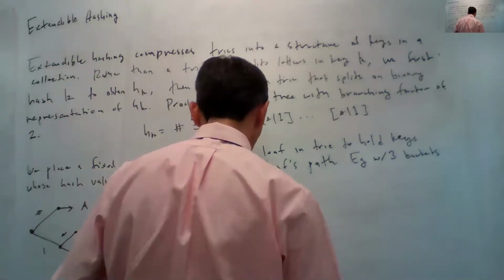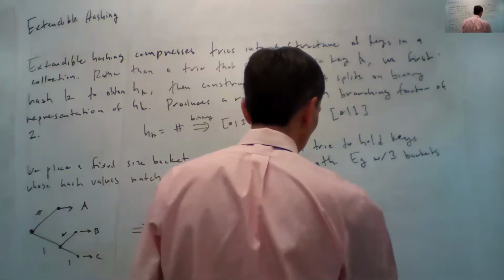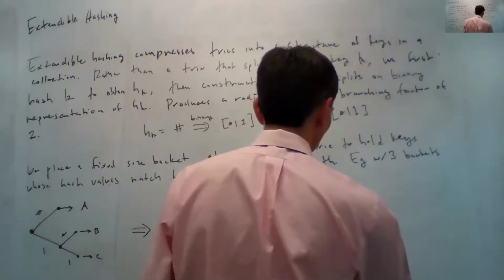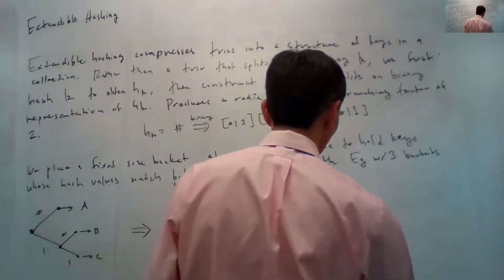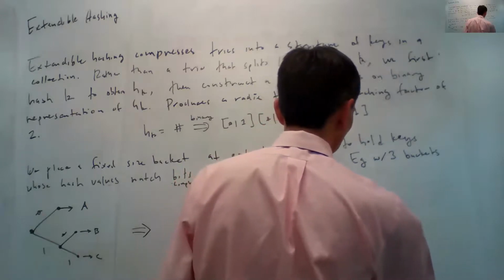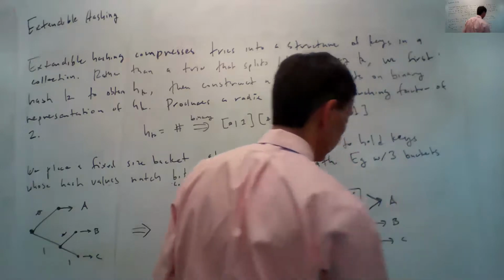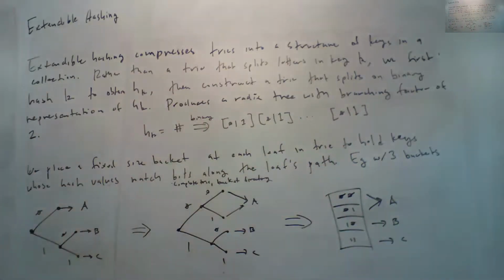Suppose I converted it into the following. Same thing, right? I've just redrawn it as an array structure as opposed to a trie tree-like structure, okay?